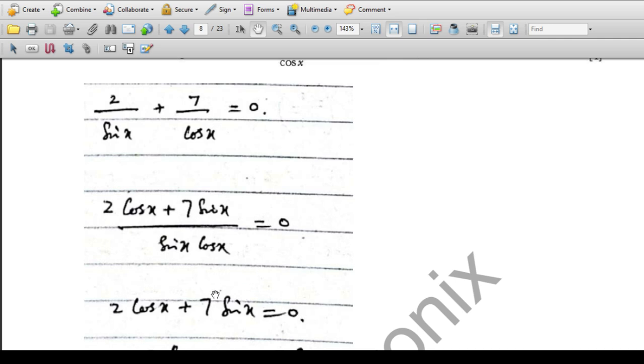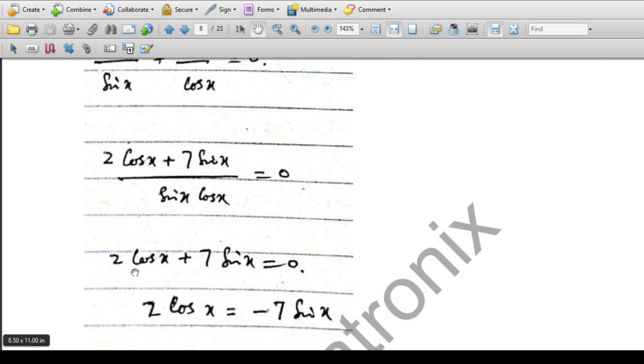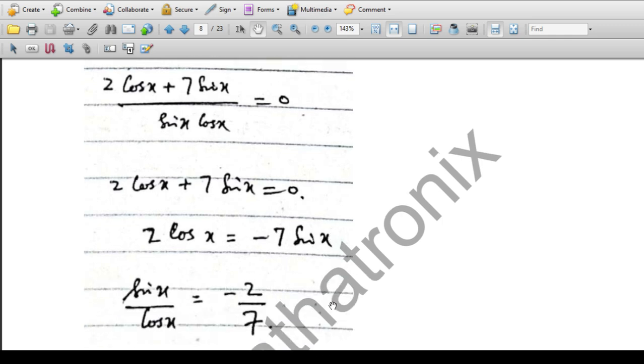So from here to here we have obtained 2 cos x is equal to minus 7 sin x. Now we will shift this cos x here and minus 7 here. Then sin x upon cos x is equal to minus 2 upon 7.